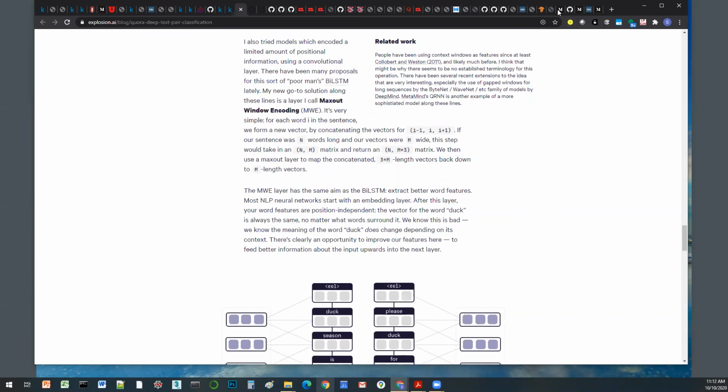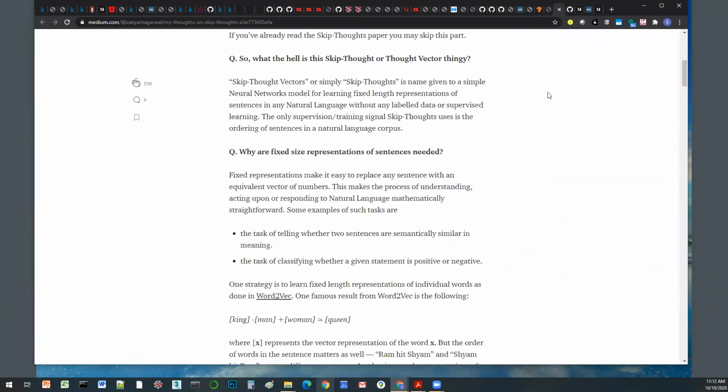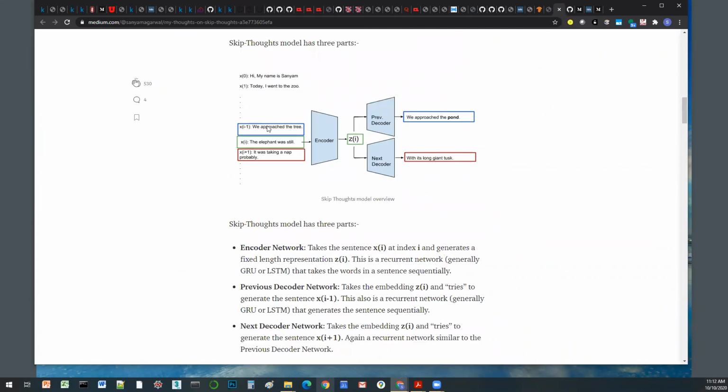And I'm sure of that in Skip-Thoughts as well. That is, these 3 are, if I recollect, sentence 1, sentence 2, sentence 3, or I should say ID1, ID2, ID3, and this list is just the sentence 1 list.